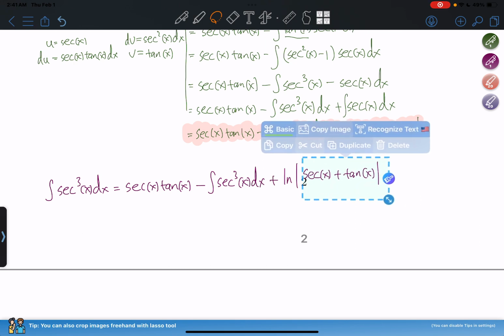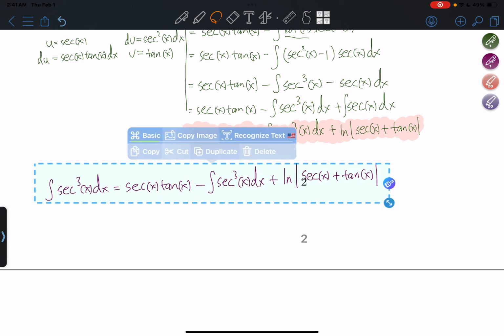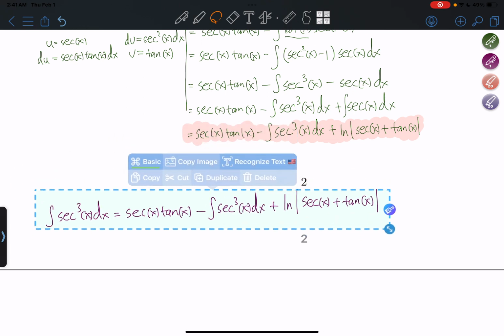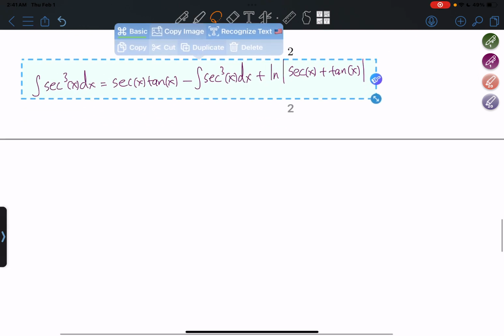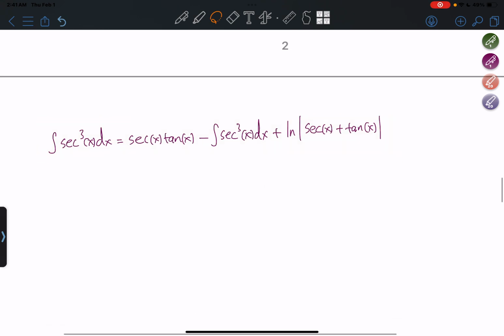This is what we have so far. Now, all we have to do to solve for the integral of secant cubed x is to simply subtract, or in this case add, this integral to both sides.